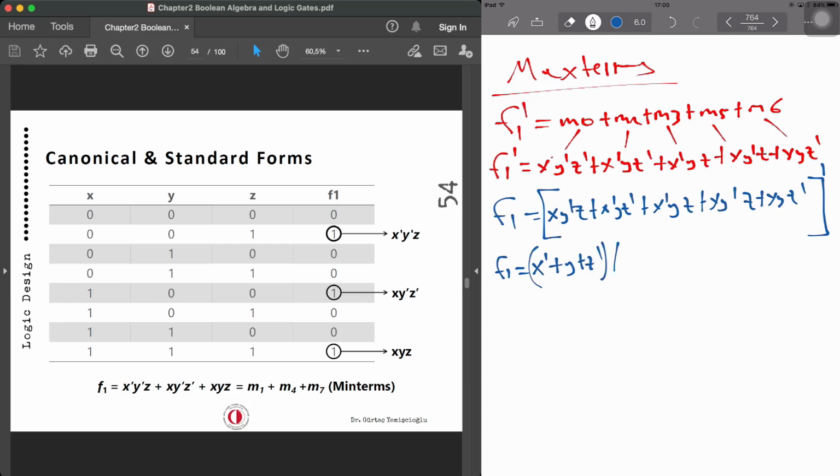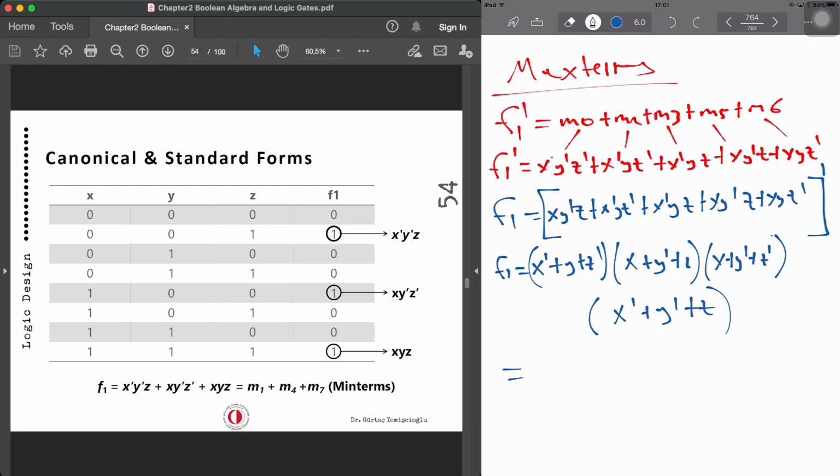So f1 as the max terms is going to be x prime plus y plus z prime, and x plus y prime plus z, x plus y prime plus z prime, and also x prime plus y prime plus z for the final one. And these are representing our max terms.